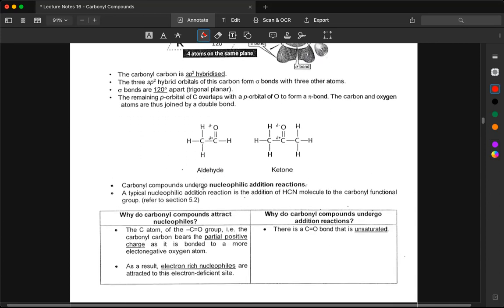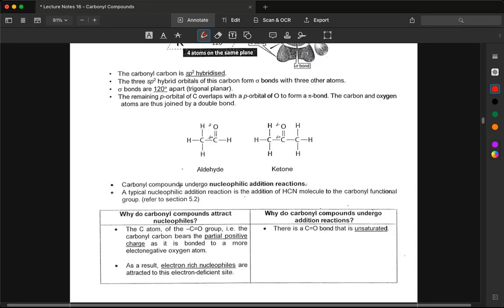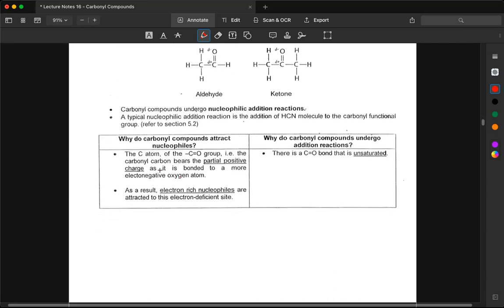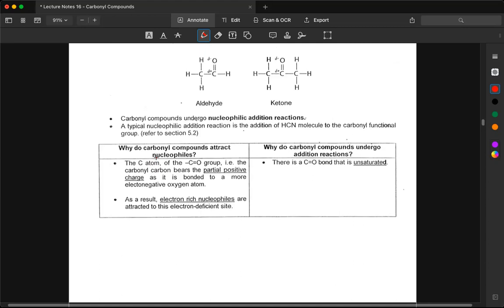And carbonyl compounds undergo nucleophilic addition. Okay, we shall look at it in detail. First of all, we understand why carbonyl compounds attract nucleophiles. The C atom of the C double bond O group, which is the carbonyl carbon, bears a partial positive charge, as it's bonded to a more electronegative atom.